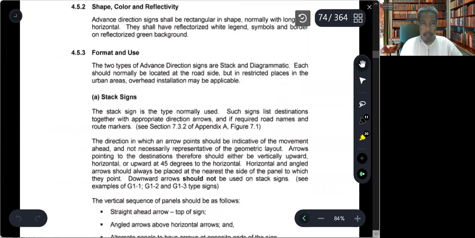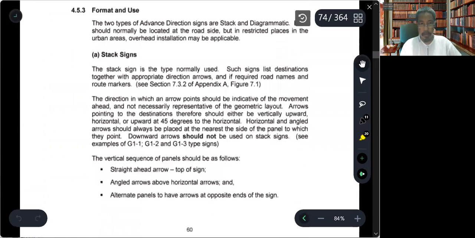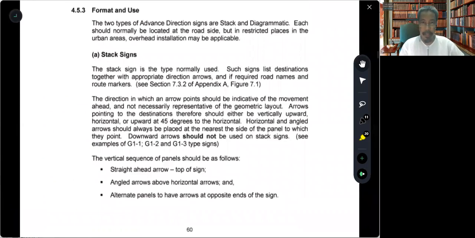How about format? Two types of advanced direction signs are stack and diagrammatic. It should normally be located at the roadside, but in restricted places in the urban areas, overhead installation will be applicable. Okay, stack sign. A stack sign is the typical one normally used.